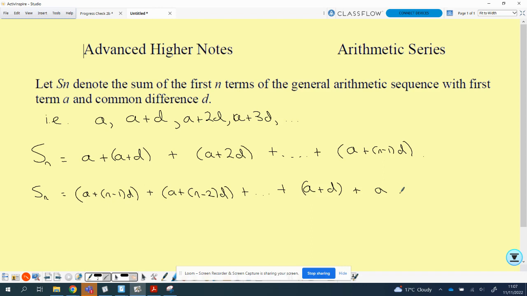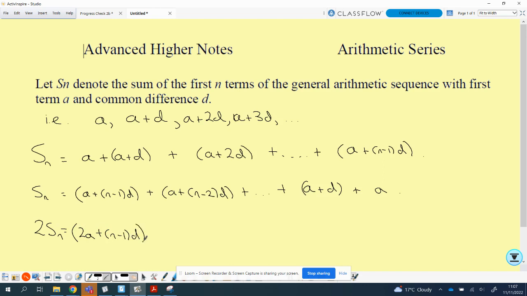Now what we're actually going to do is add these two things together, so two lots of the sum. I'm doubling the sum because I'm adding them both together. If I add them in line with each other, the first term was a in the first sequence, and it was a plus (n minus 1)d in the second way we summarise it. So the a's would add together, giving 2a plus (n minus 1)d.